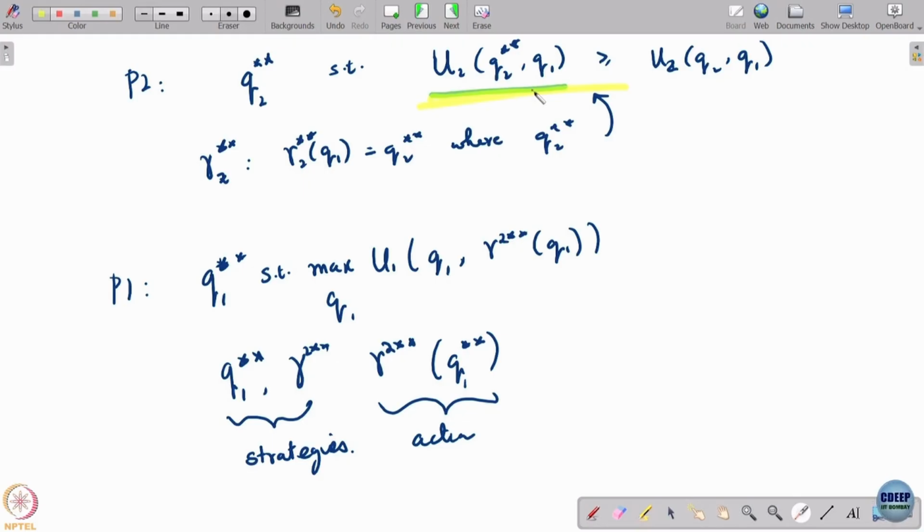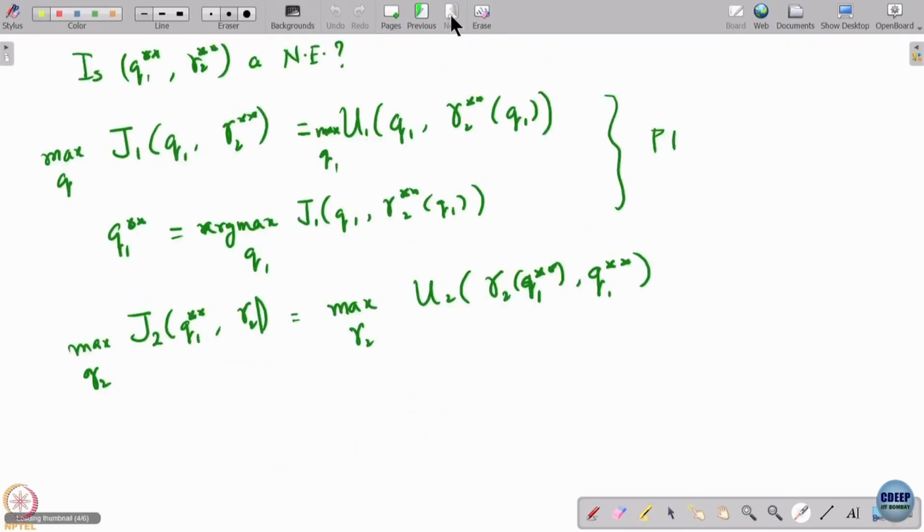Whereas now we are asking not for every value of Q1, we are asking for a specific value of Q1, which is Q1 star star. Compare that with this expression. Here only Q1 star star has been held fixed. So, fixing Q1 star star, what is the function that maximizes U2 of gamma 2 of this?